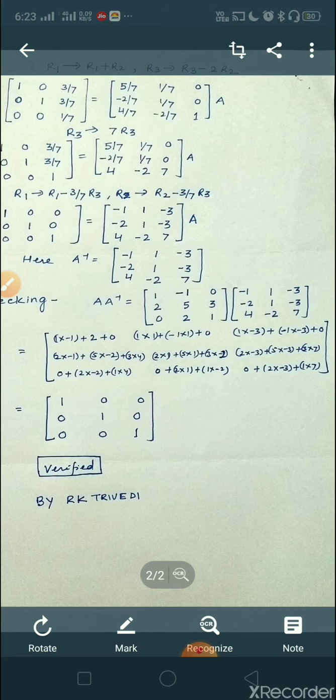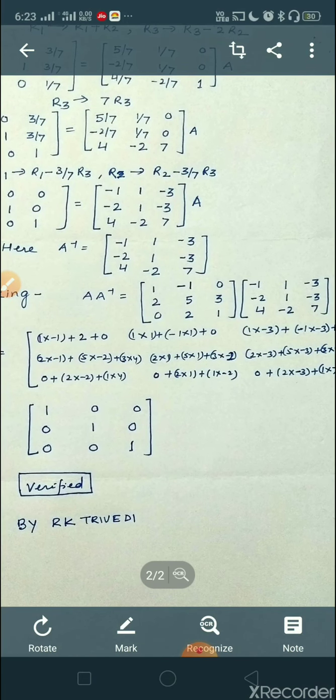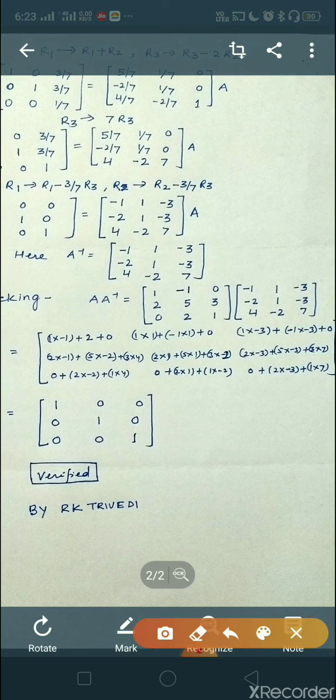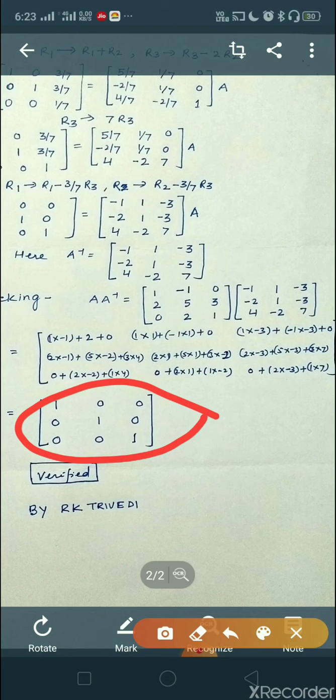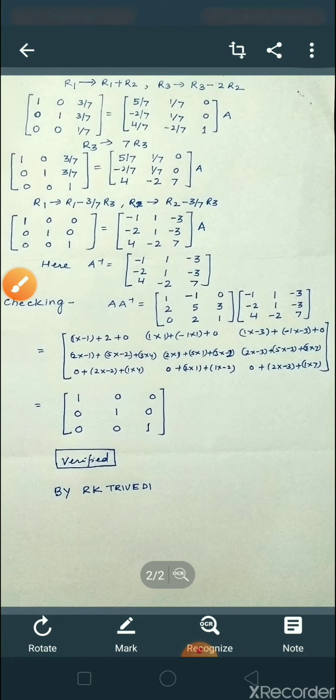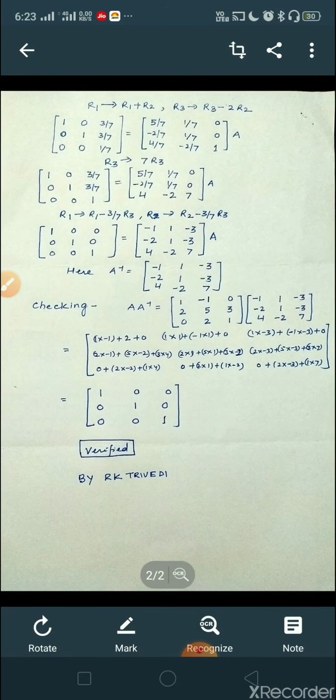So multiply them. After multiplication we get an identity matrix. That means our result is true. Okay children, so by this we have proved that the inverse of A is A inverse, which is given as above.